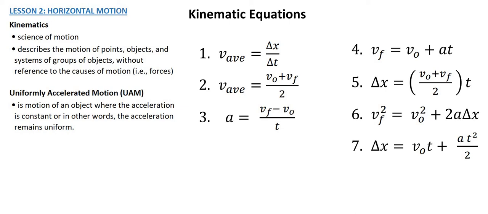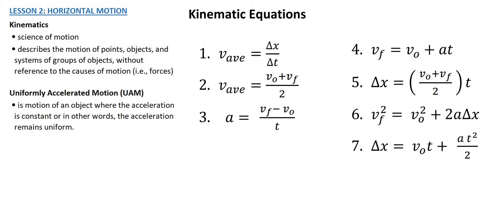We have here the 7 kinematic equations, but actually it's just the 4 kinematic equations here. Okay. The ones that we derived last time. So, as a recall, here's your average velocity. Average velocity is solved using this formula, the change in displacement over the change in time.